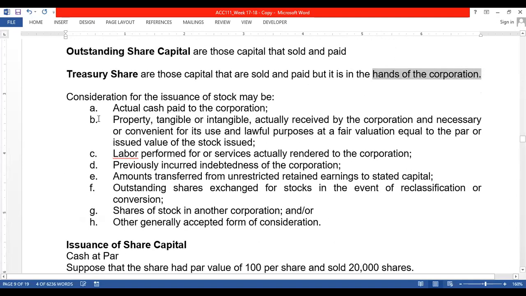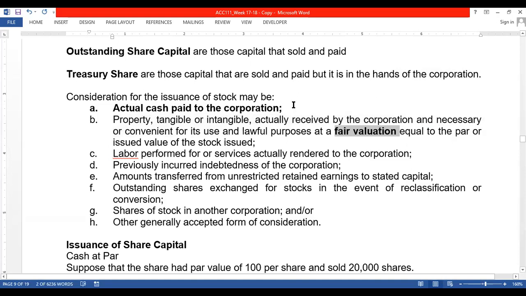So consideration for the issuance of stocks may be, so ito yung specific discussion guys. First one is actual cash paid to the corporation. Properties or intangibles received by the corporation, necessary or convenient for use in its lawful purpose, are at fair valuation. So any non-cash items received by the corporation, same pa rin sa partnership, kaya it is at fair value.